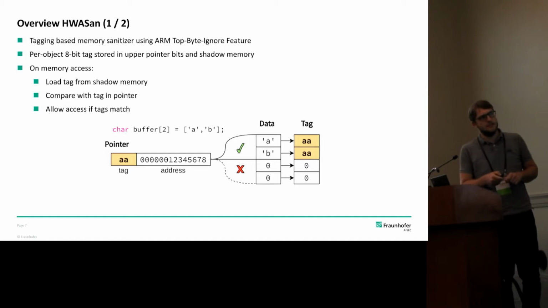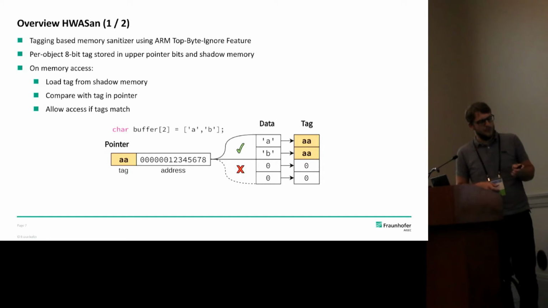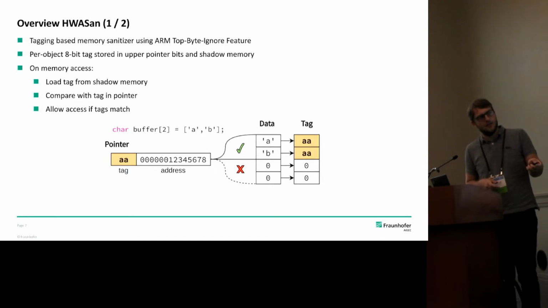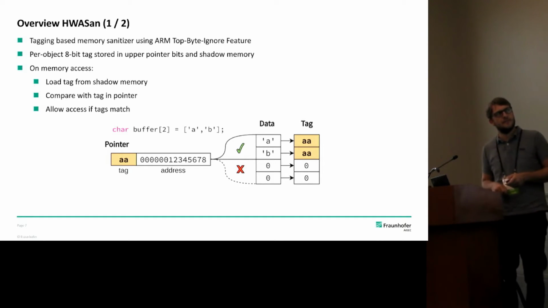So let's look at this in this figure. If we have allocated a buffer variable with 2 bytes, then we will get a pointer which has a tag set in its upper address bits, and also in the shadow memory belonging to the memory region. And the pointer is only allowed to access the data where the tag matches.